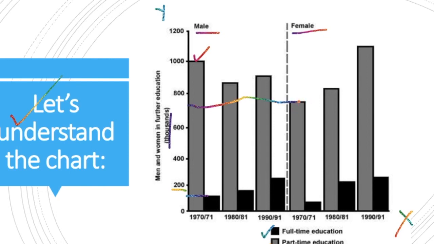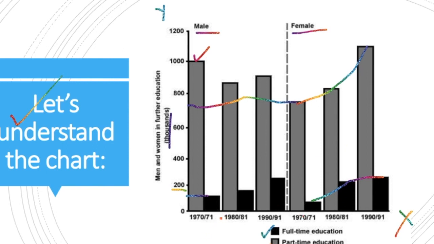But if you look at it in totality, women's education is increasing steadily. Not even once did it decline. For part-time education, it has been increasing, even for full-time education. So it has been increasing consistently, right? This was a sharp increase, but this was a steady increase. So you need to know what kind of increase there is also.